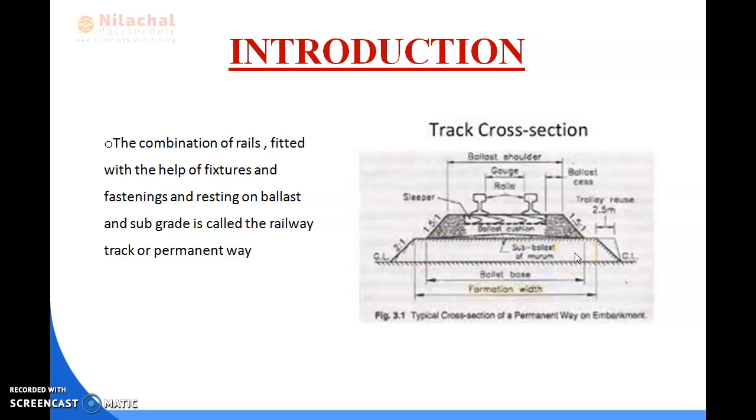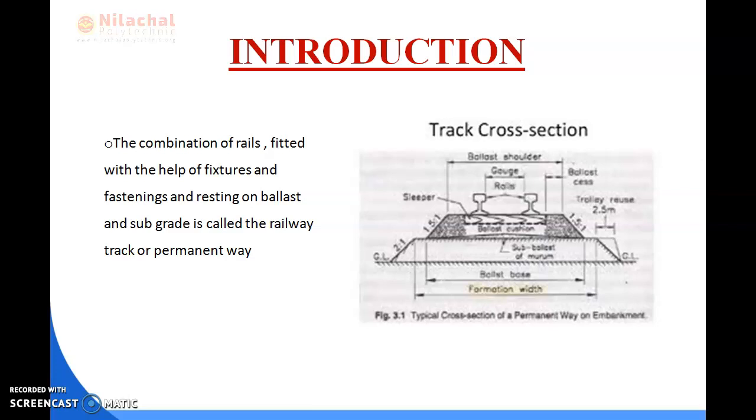So basically you got some idea in your first chapter about what the railway is, what the railway track is, and how the railway track is made. Now from that portion we focus only on the permanent way, meaning how we make the track and the base of the rail.